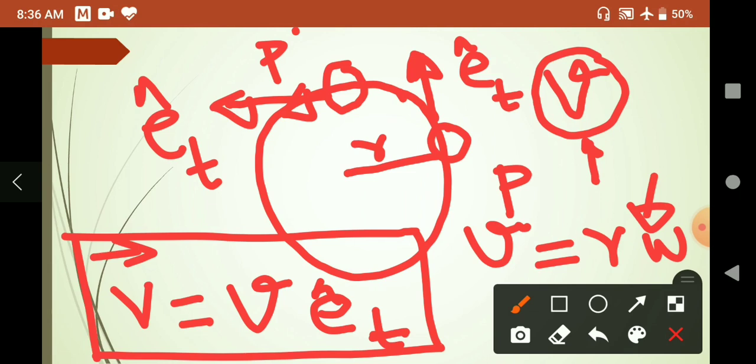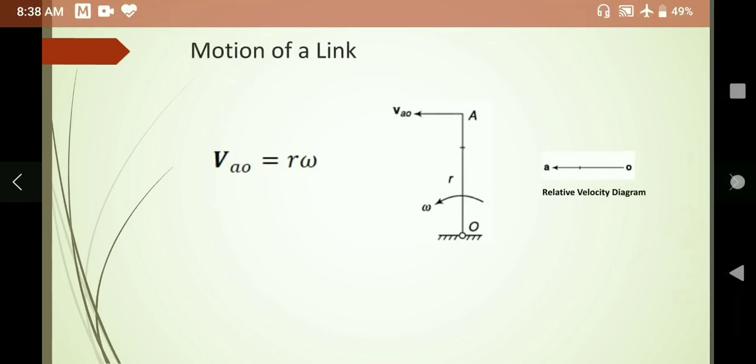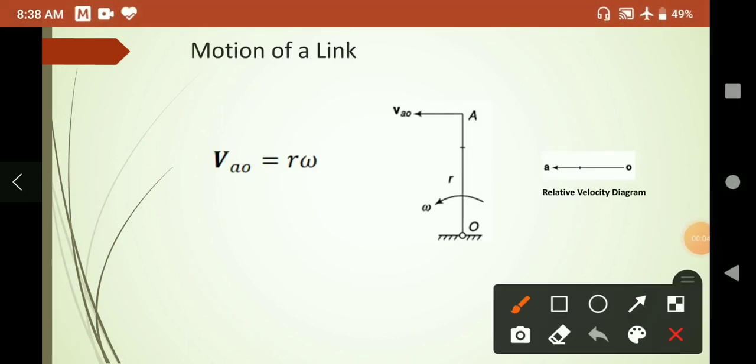Now, this particular concept we will place in the case of velocity analysis for a mechanism. So we are going to introduce this concept to a link. Here we consider a link OA which undergoes a rotational motion about O, the fixed point in the link. The link is rotating in the anti-clockwise direction with an angular velocity of omega.